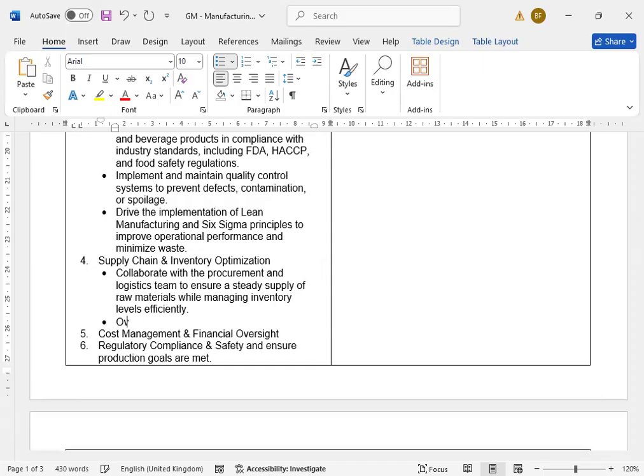Then the next one would be oversee inventory control practices. Reducing waste, like spillages.